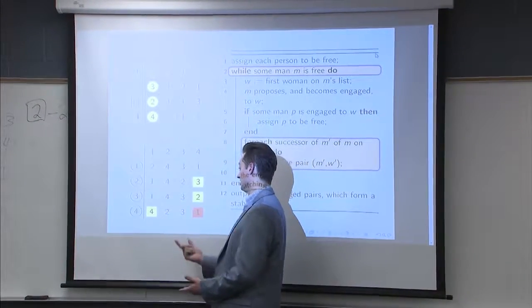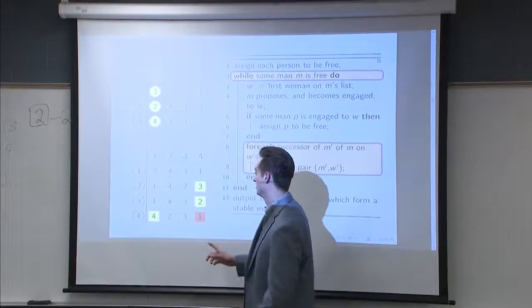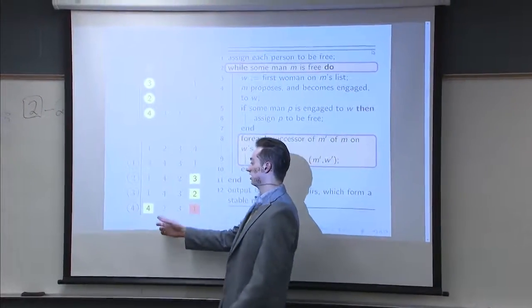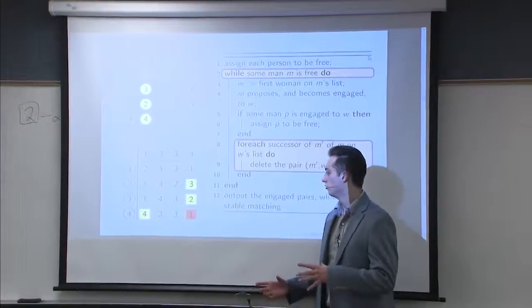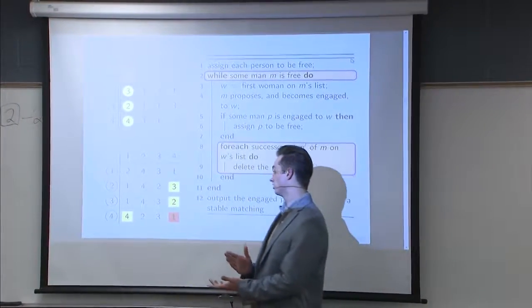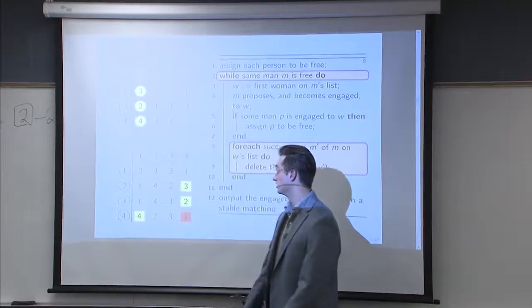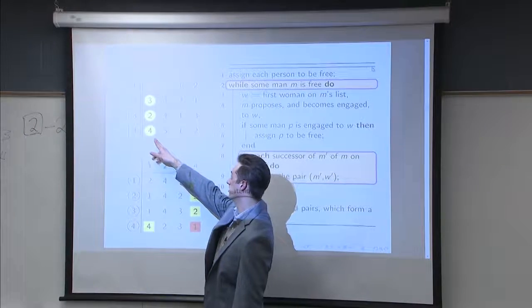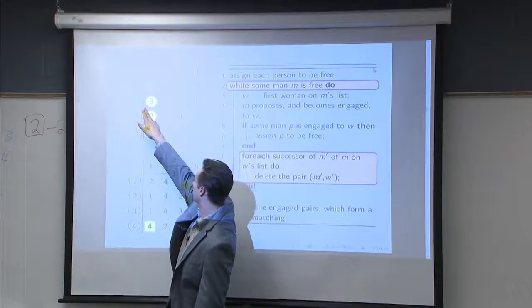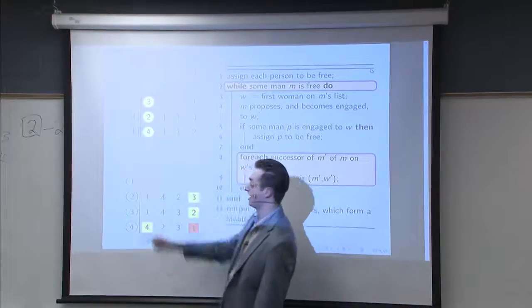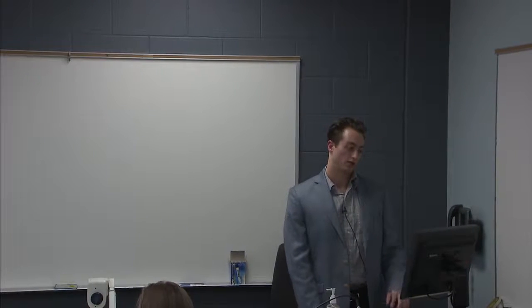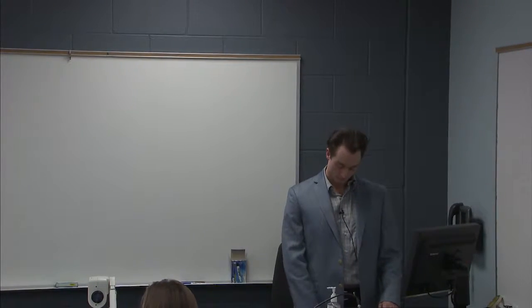In order for her to get her worst possible option, every temporary engagement she has will bring her closer to the top of her list, where every failed engagement will make every man have a worse possible engagement, or be married to a least favored woman.